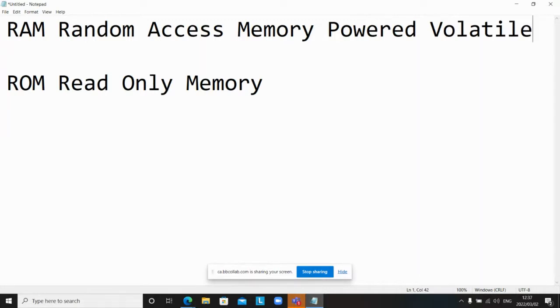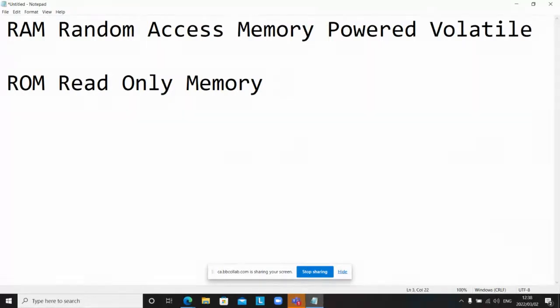What volatile means is, I'm trying to think of English words that are similar to volatile. Explosive, changing all the time, not stable, can be changed. So there are a few English words there. Okay, read-only memory cannot be written to.